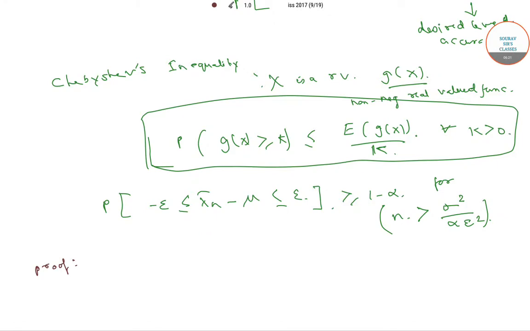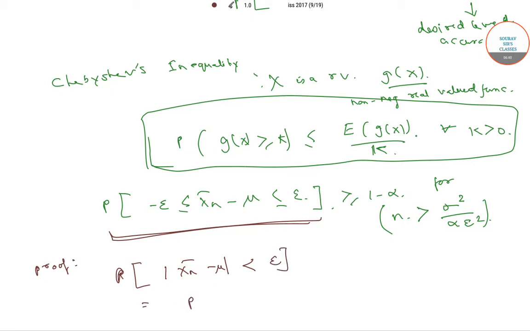Now the left hand side of this equation can be written as the probability of mod of X n bar minus mu less than epsilon, which equals the probability that X n bar minus mu whole square is less than or equal to epsilon square.